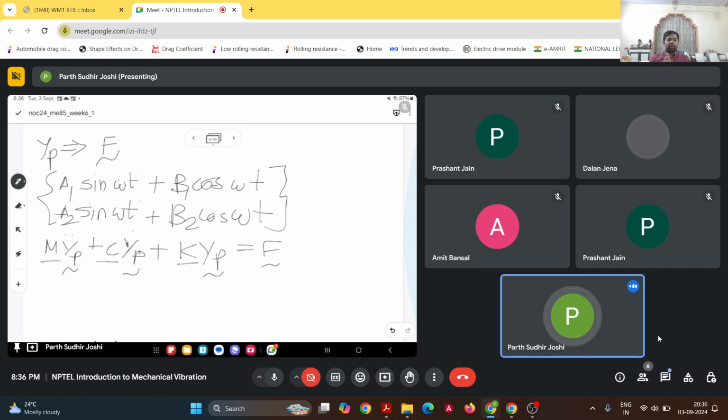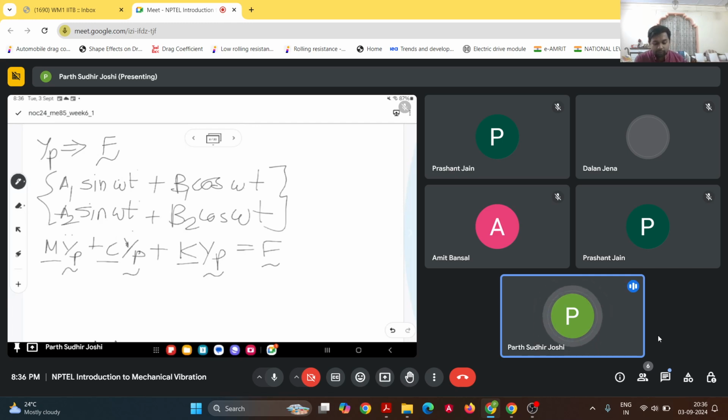We can differentiate yp and find yp dot and yp double dot, and substitute them in the differential equation. We already know the matrices m, c and k. So from that we can compare the coefficients on both sides.